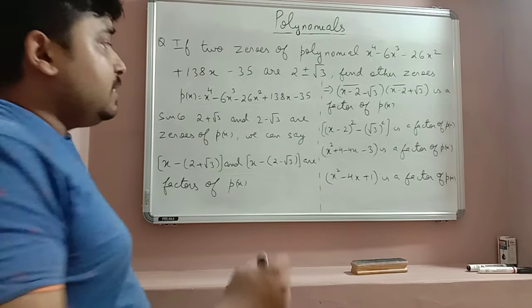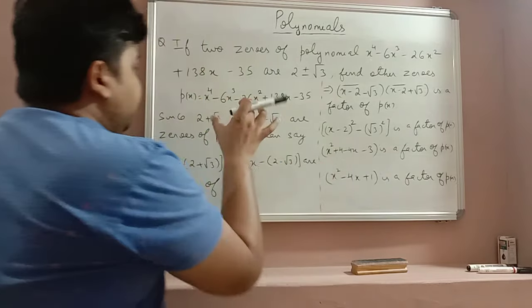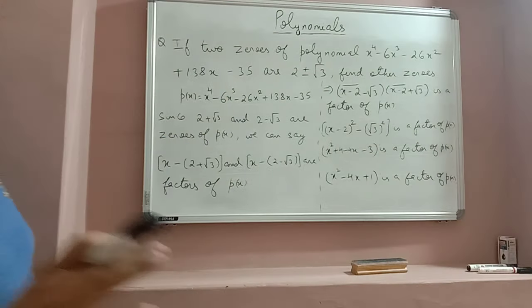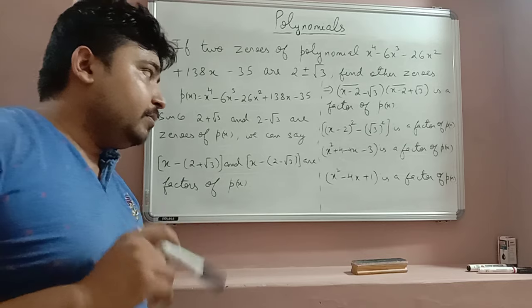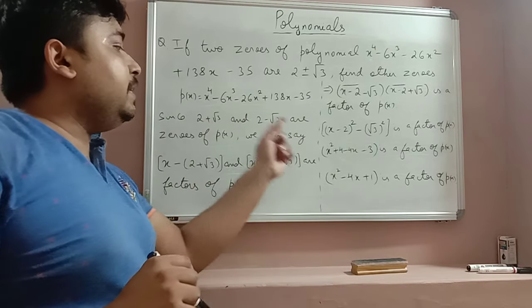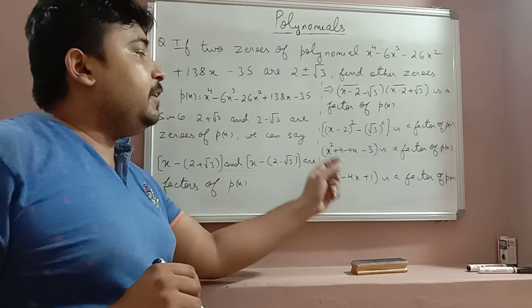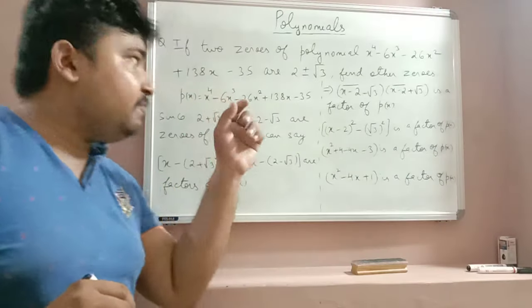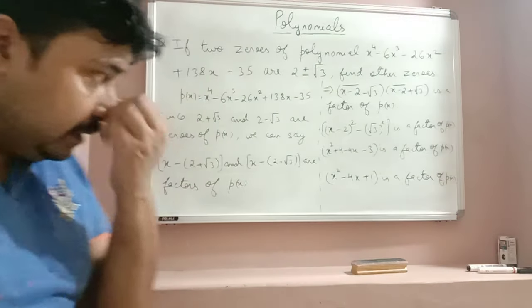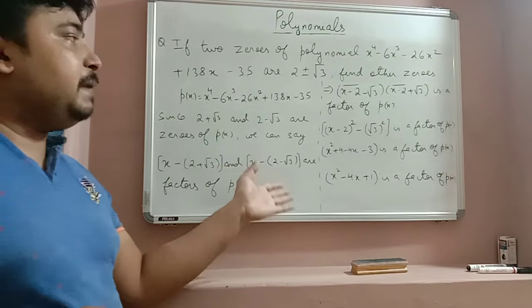Now in other words, if I divide this polynomial p of x by x square minus 4x plus 1, the remainder will turn out to be 0. Alright, so let's divide this polynomial by this polynomial in order to get the quotient, and let's factorize this polynomial. Let's see how we can do that. Now you can note down the content by pausing the video.